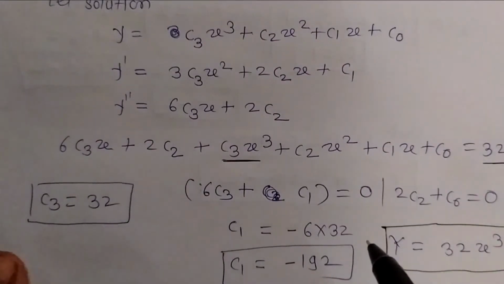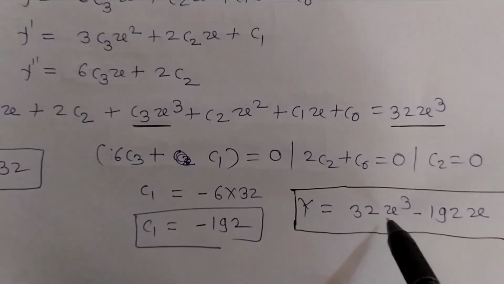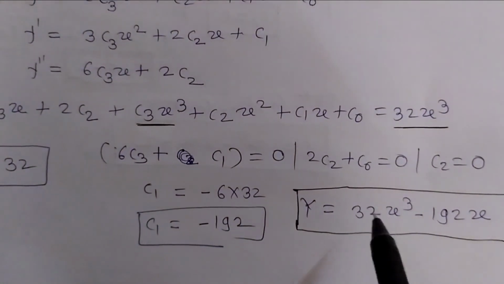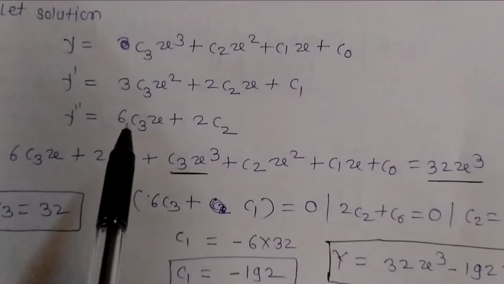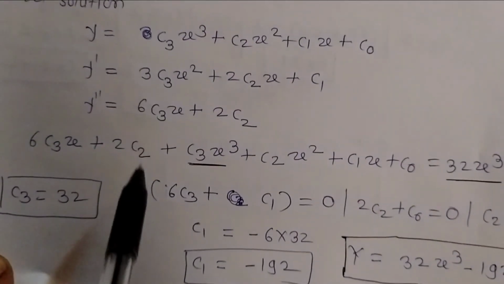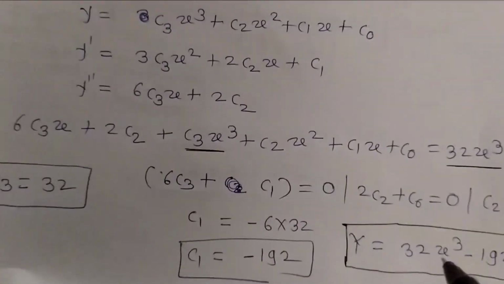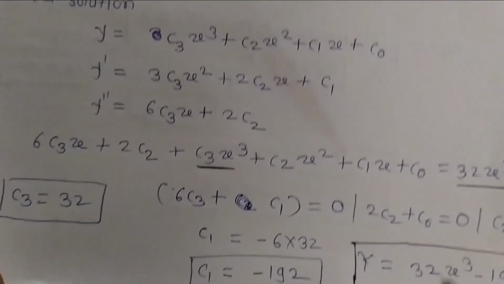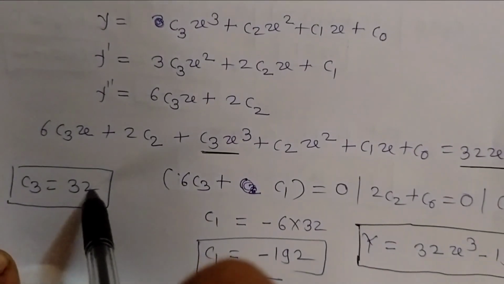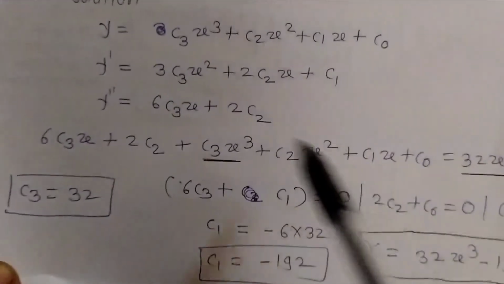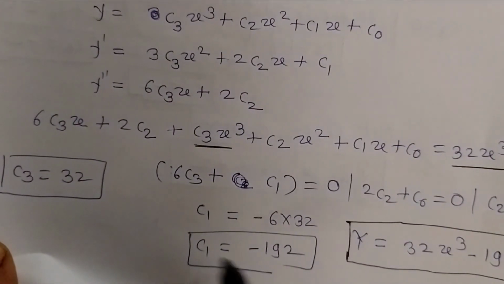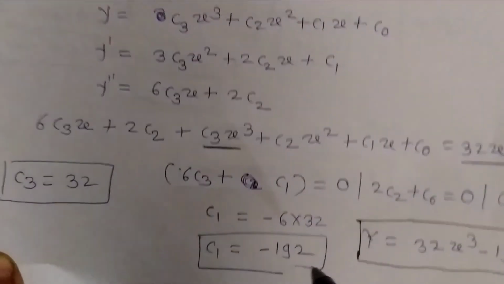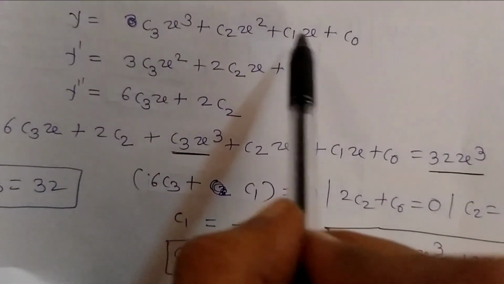Then the solution of this differential equation is, we have to take c3 x cube, that is 32 x cube, minus, the value of c1 is minus 192, it is c1 x.